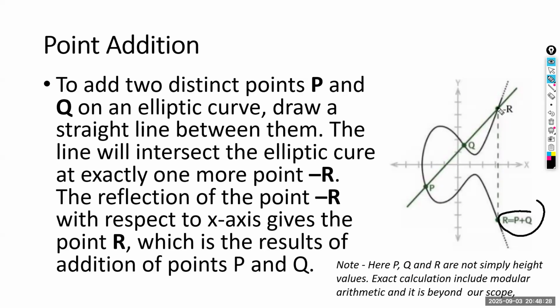Remember, this is minus R, then this is plus R, mirror image. So then you just need to write R equals P plus Q, and this is called point addition. Okay. In case they ask, they have never ever asked. Okay. But these are mentioned in your UCSC note. That is why I just mentioned it. Okay. Right. So that is called point addition.